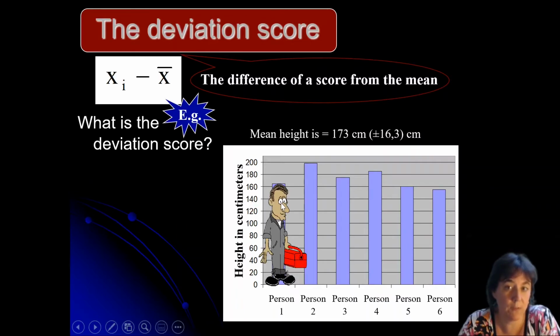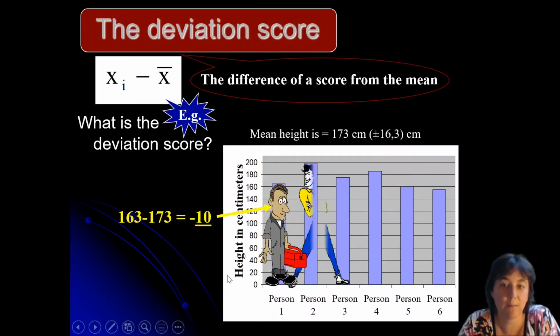For example, person number 1, and his deviation score is minus 10. He's 10 centimeters smaller than the average. So person number 2 is obviously higher than the average. He is 26 centimeters higher than average. And I will put in the centimeters here on your notes.